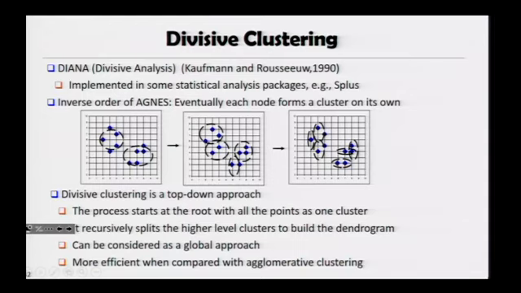So other than this agglomerative clustering, you have this divisive clustering, which starts from the whole data set as a root. You're trying to partition them in a progressive way to finally get to where every data point is a singleton, or every data point itself is a cluster.